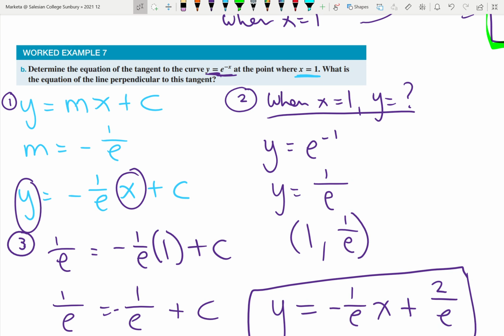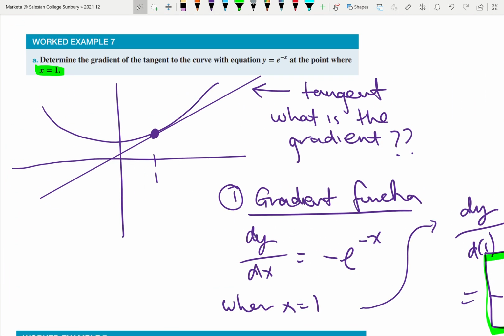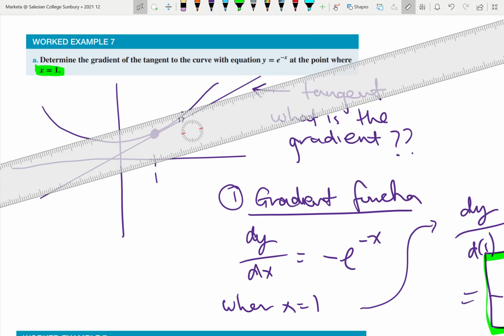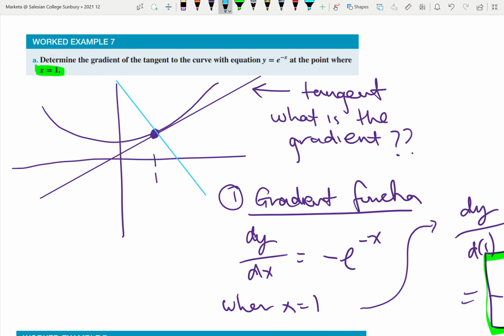Now that we've got the equation of the tangent, the next part asks for the equation of the line perpendicular to the tangent. If I go back to that representative diagram, again, it's not the actual diagram, and that curve is certainly not e to the negative x, but it represents it quite nicely, and this is our line perpendicular to the tangent.